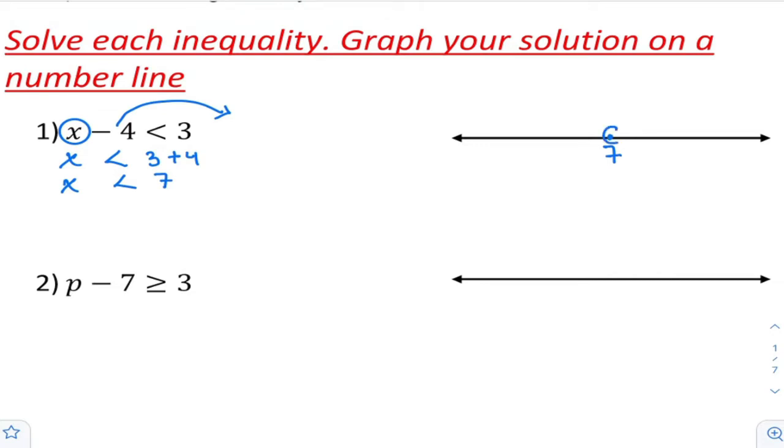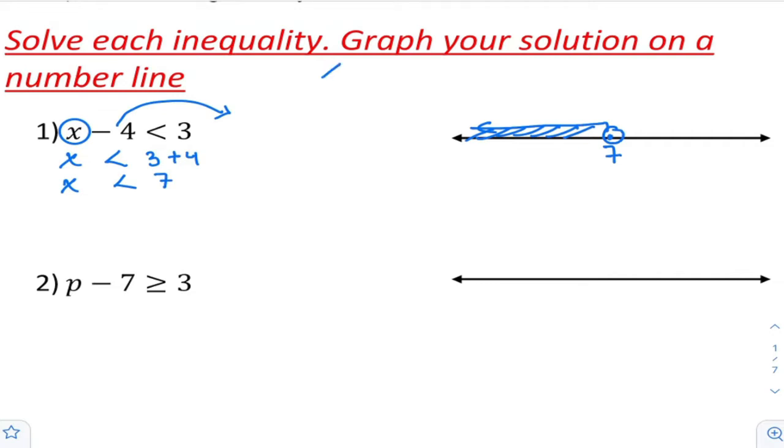So we will show that with an open circle, and we will mark all the interval below the 7, but with an open circle, because 7 is not included. So less than 7, it can be 6.999999, 6, 5, 4, negative numbers, even 0, whatever.